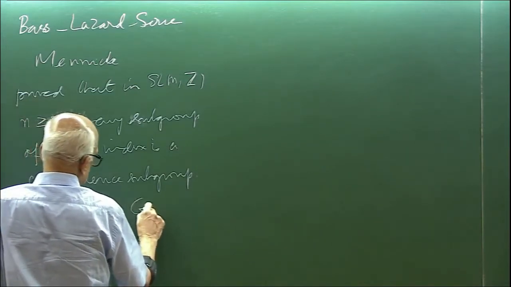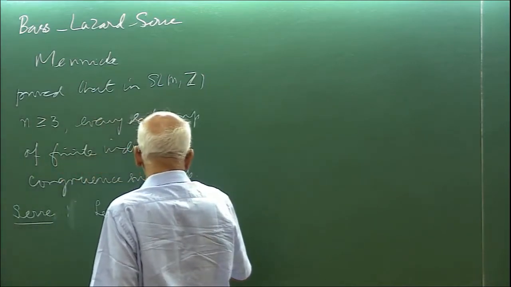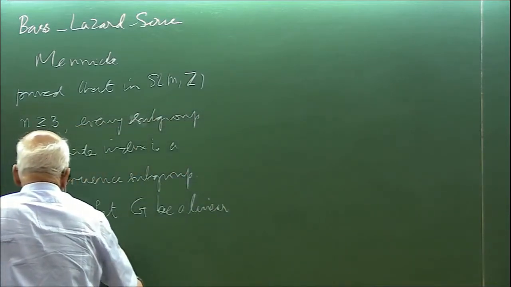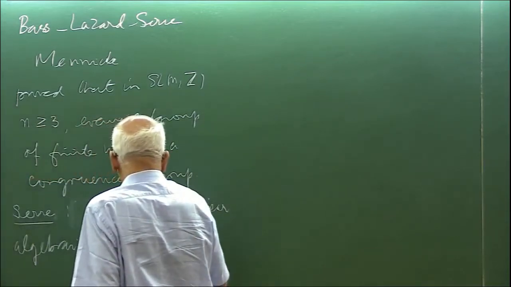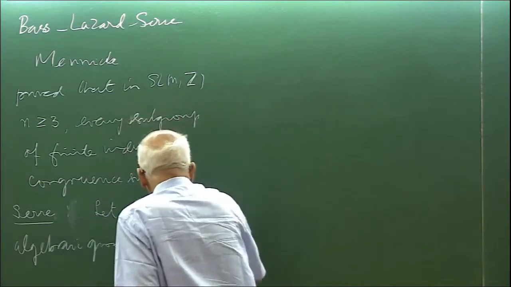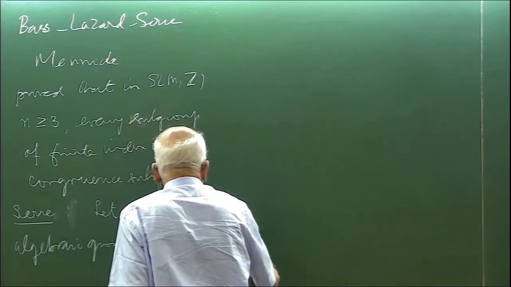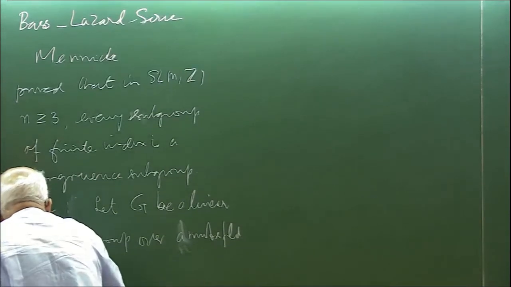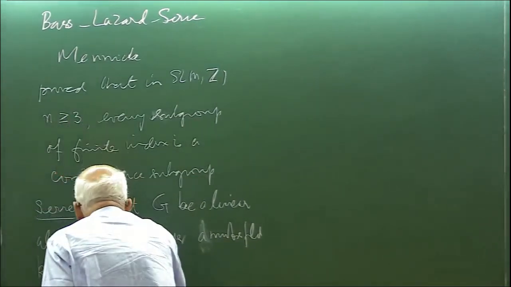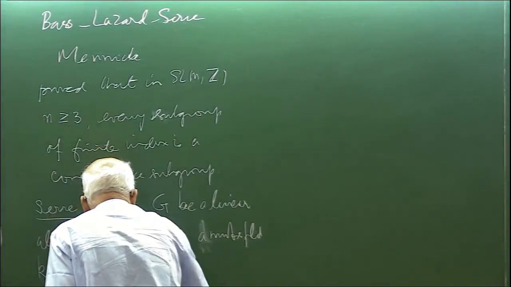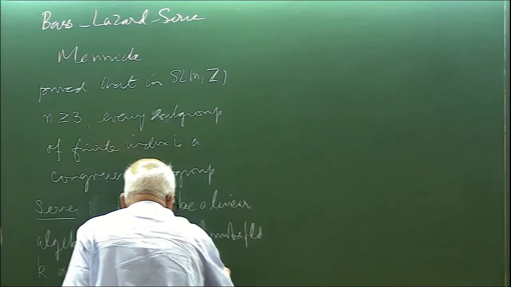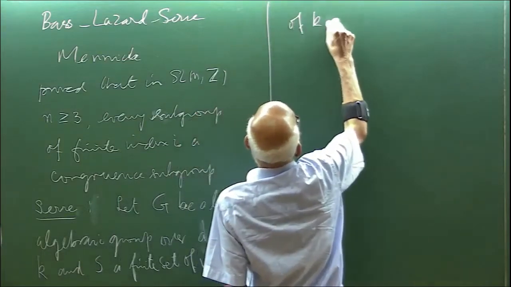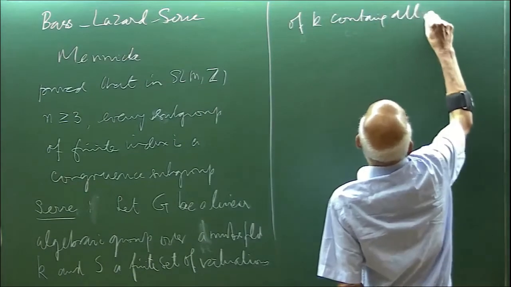Let G be a linear algebraic group over a number field K, and S a finite set of valuations of K containing all the Archimedean valuations.